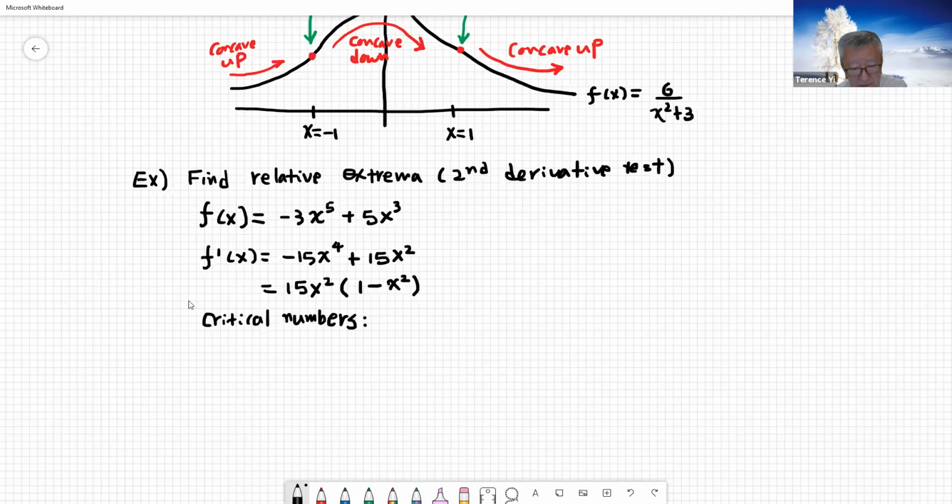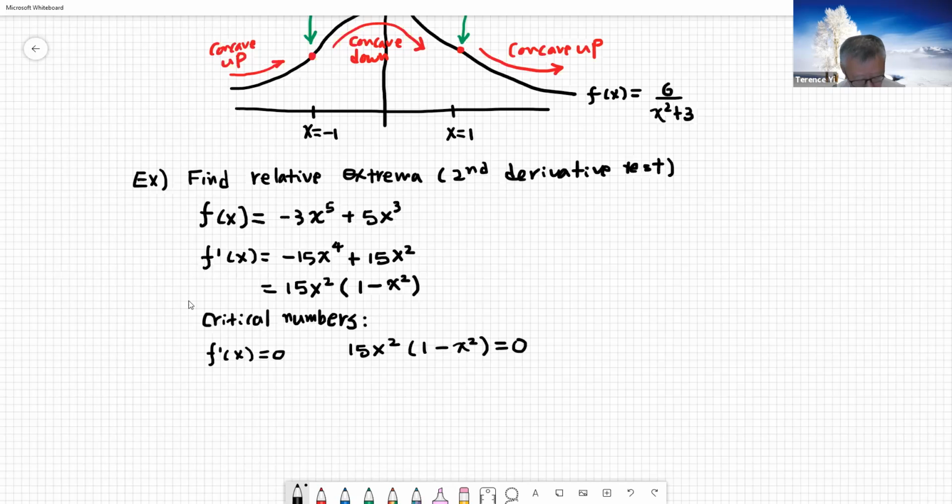So we take f prime of x. Because we don't have any x value that makes this function undefined, we're just going to set that equal to 0. So f prime of x equals 0. Then we have 15x squared times 1 minus x squared equals 0.